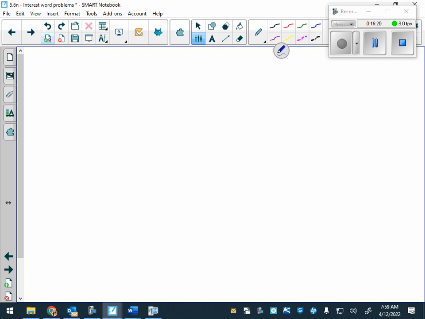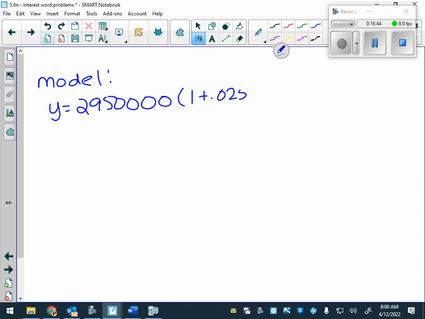So your model, and I saw a lot of crossouts for this. Your model is your original population, your starting population, and then it's increased. So 1 plus 0.025 to the t.